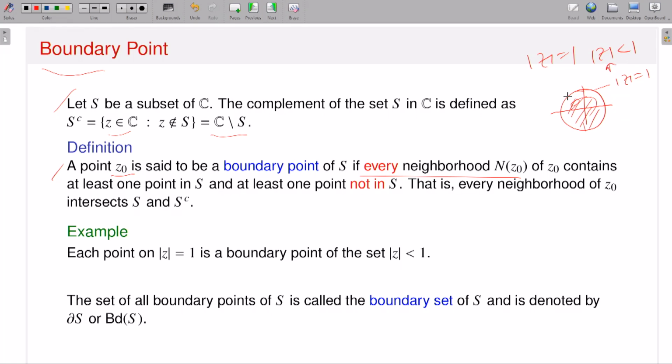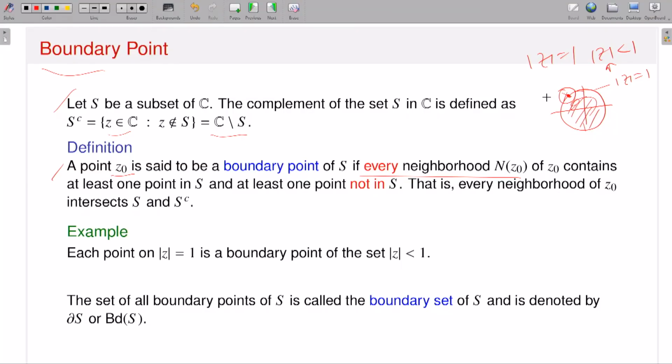Why? Because if I take any point on mod z equal to 1, and take any neighborhood, say an open neighborhood, it should be an open ball with center z0 and some finite radius. Whenever I draw a small open disk around that point, some point of the set mod z strictly less than 1 is there, and some point from the outside is also there.